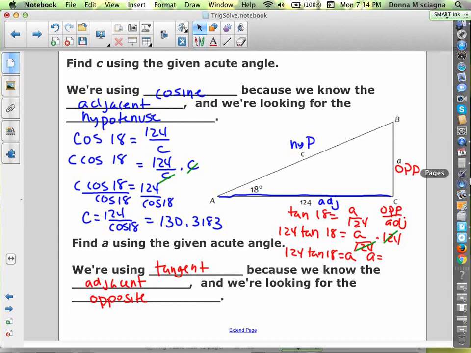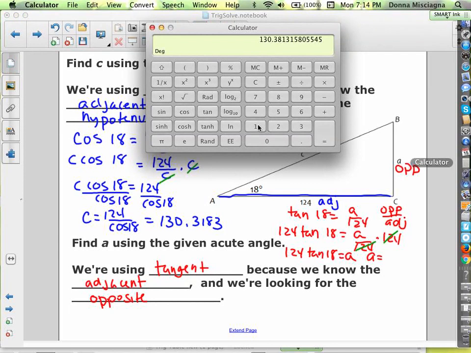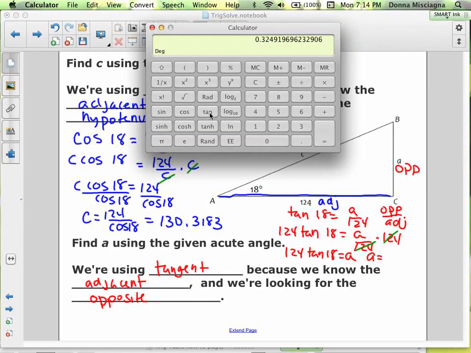And then we're going to be finding angles and finding sides and angles and solving word problems and all kinds of cool problems. I've got to go backwards, so this is going to be 18 tangent times 124. I told you it would be pretty small relative to the other sides, 124 and 130. So this is 40.2900.